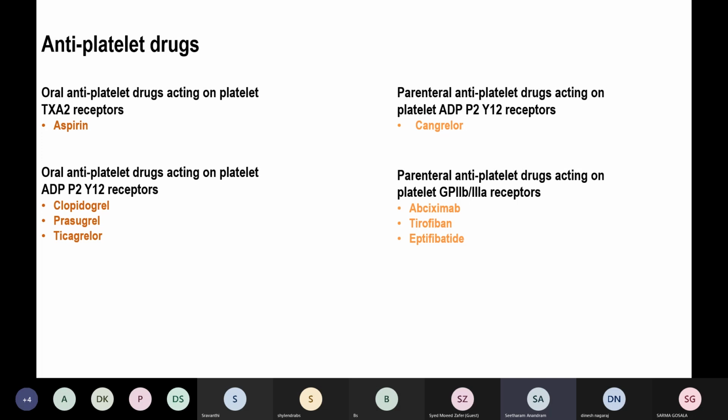We all know aspirin, which is a common antiplatelet drug, which acts on thromboxane A2 receptors. We're also familiar with clopidogrel and prasugrel, which basically act on ADP P2Y12 receptors. And we also have some idea of the parenteral anti-ADP receptor blockers like cangrelor, and also the antiplatelet drugs which block platelet glycoprotein 2B3A receptors like abciximab, tirofiban.